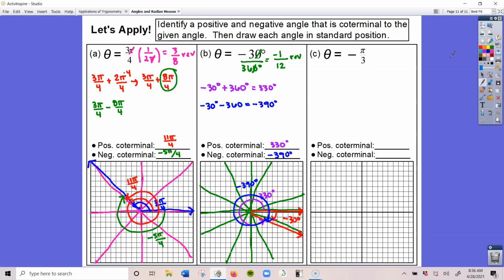Now, last one here, we have negative pi over 3. So we're back to radians, so I'm going to multiply by 1 over 2 pi, to get that fraction of a revolution. Cancel out the pi's, and I'm left with negative 1/6 of a revolution. Now, we saw earlier when we were dividing into 3 equal parts that we did kind of like a peace sign.